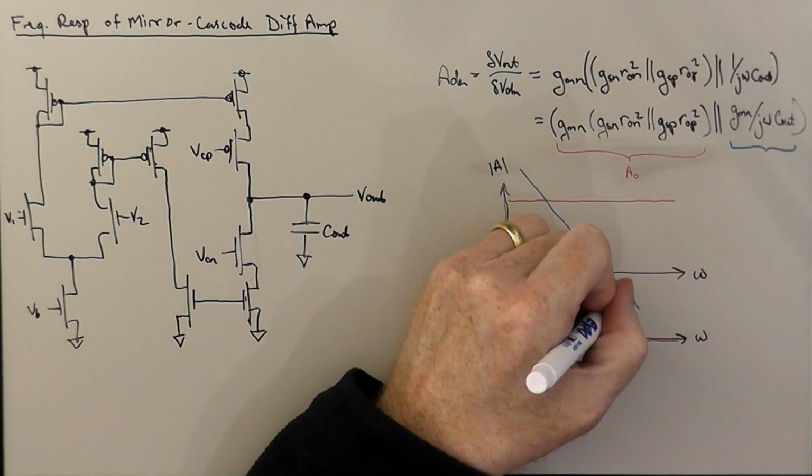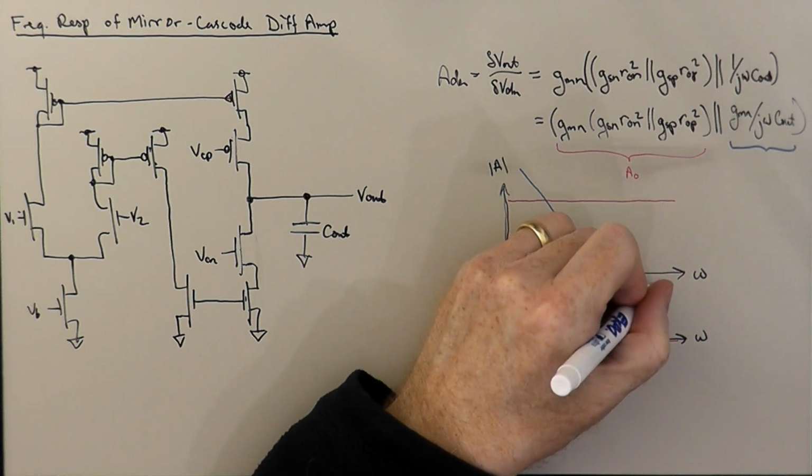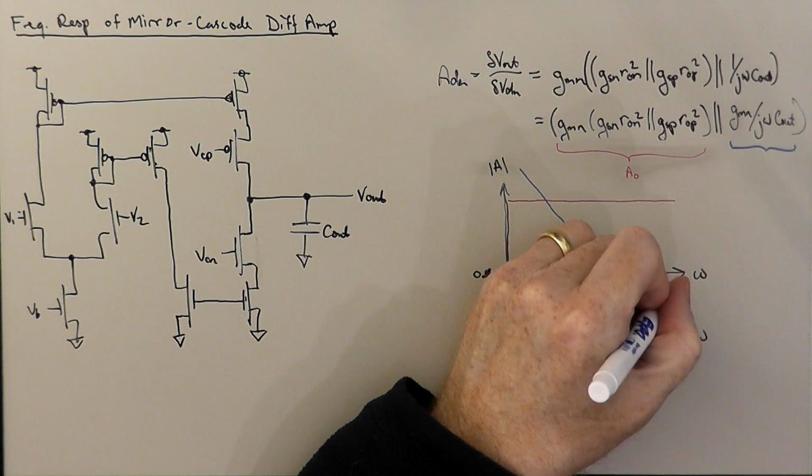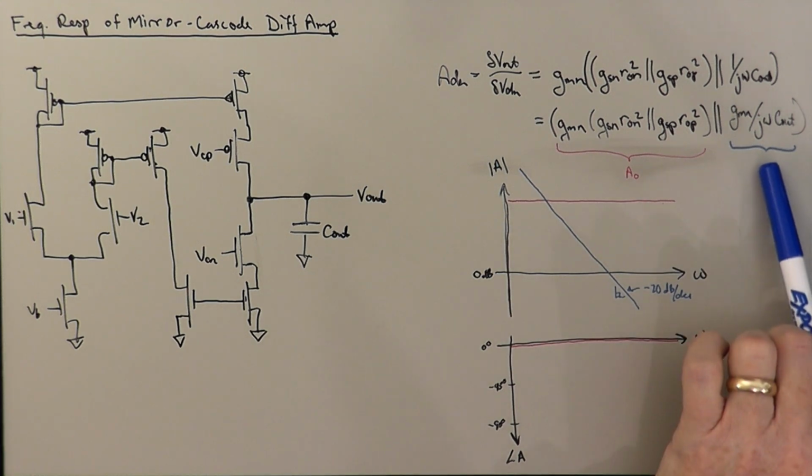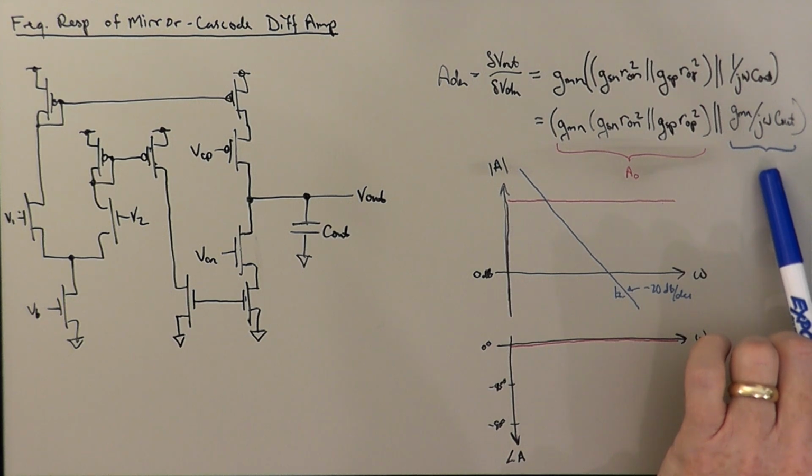And you'll notice that we can actually pin down where this crosses the 0 dB line. And that is where the magnitude of this component becomes 1. And so the magnitude of this component becomes 1 precisely when omega is equal to GM over C out.